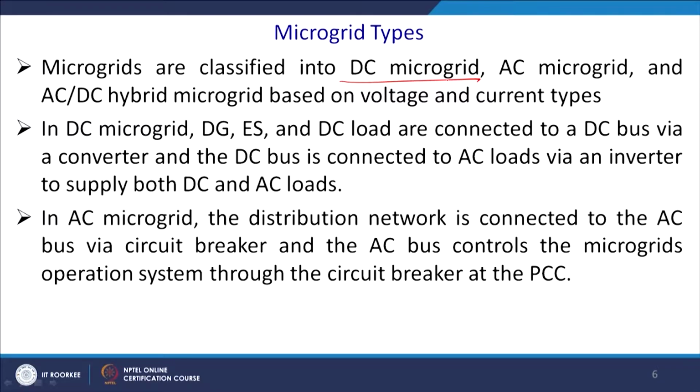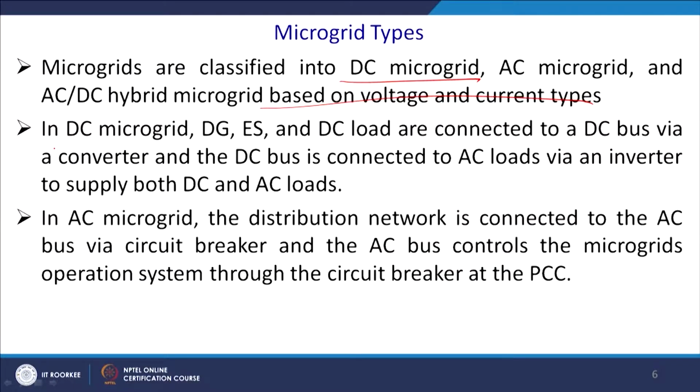Microgrids, we have already discussed those, again we are just recapitulating: DC microgrid, AC microgrid and AC-DC hybrid microgrid, based on their voltage and current types. And in our discussions, from the microgrid we gradually talk more about the DC microgrid. Please understand, to understand this, first we require to understand the microgrid.